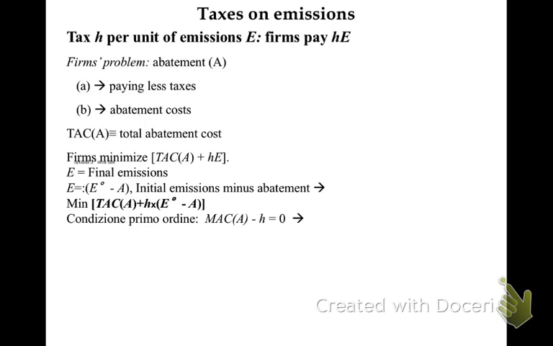Hence, we will get this condition: the firm will choose an optimal abatement level, A star, such that the marginal abatement cost is equal to H. What is H? The tax level. Okay? Doing this, the firm will minimize the sum of the abatement cost and the tax. So we will get the target at the minimum cost.